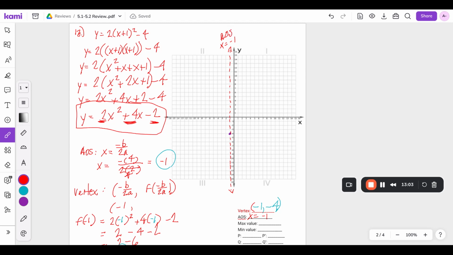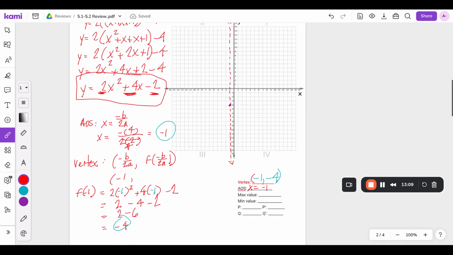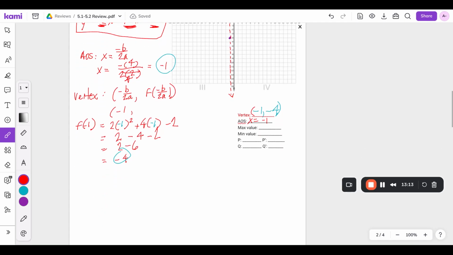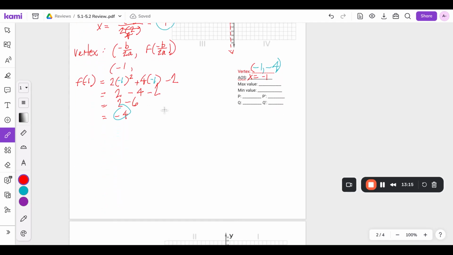All right, now we have to find other points. We have to find points P, P prime, Q, and Q prime. Okay, so let's do that here. We did talk about in the video lesson that you can let point P be the y-intercept. If it's the y-intercept, the coordinates are 0, y.